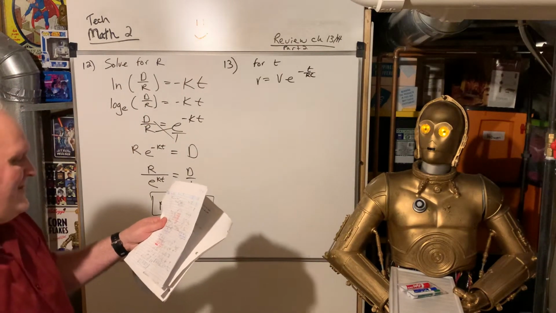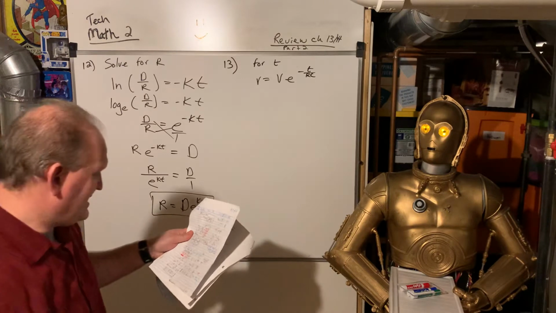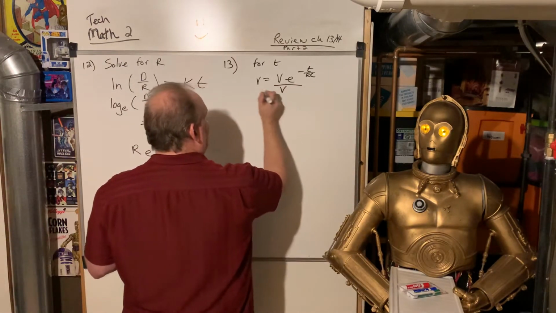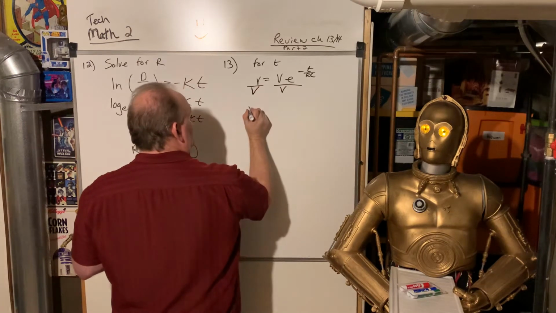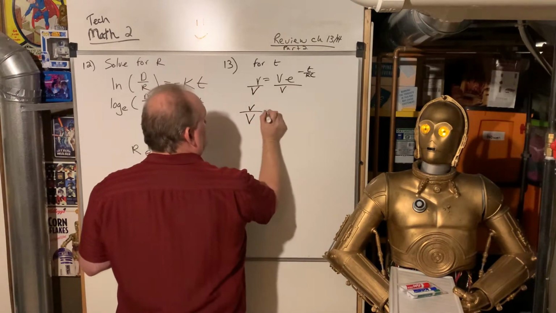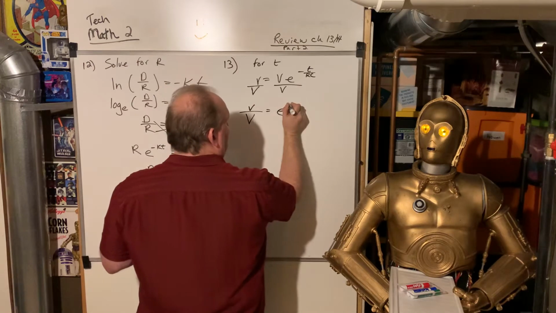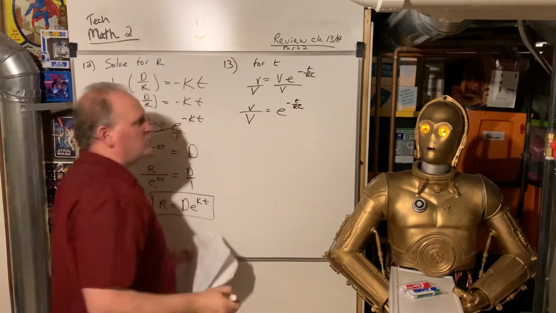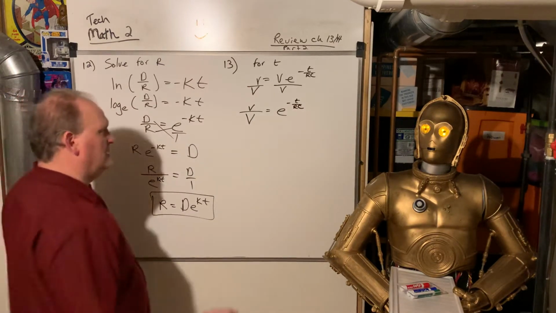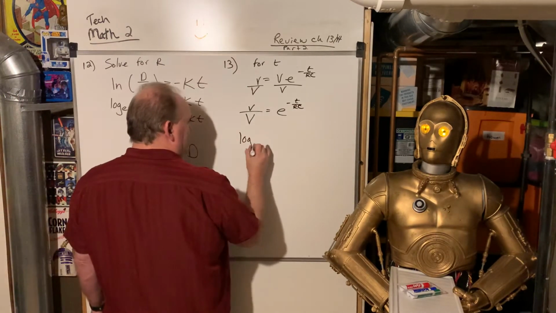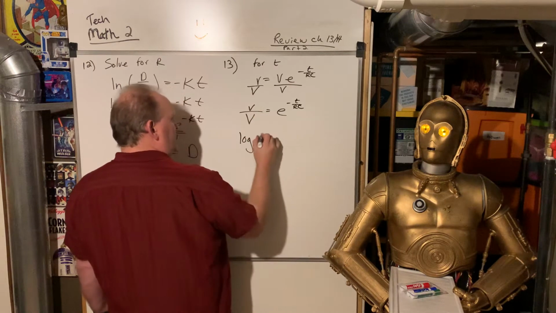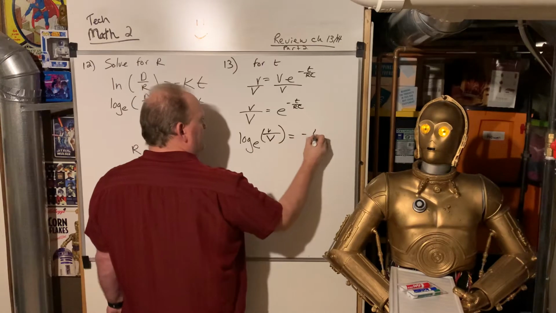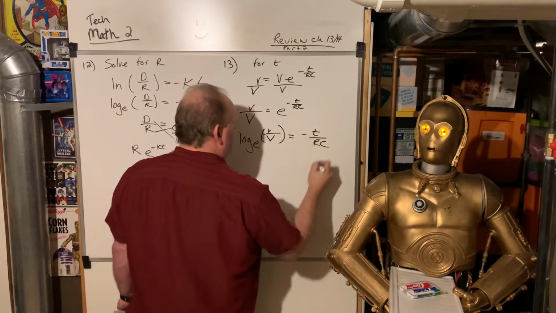So let's divide both sides by capital V, I guess. We have v over V is equal to e to the negative t over RC. Let's write it as a log. So log base e of that, v over V, is equal to negative t over RC.